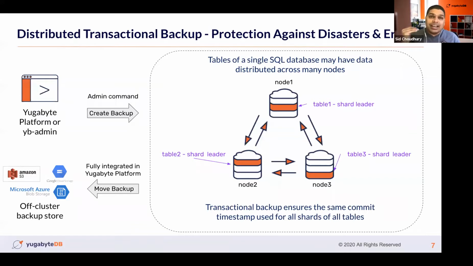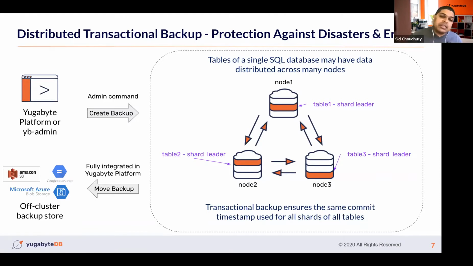So the database cluster's job, when it receives a create backup command, is to come up with a single timestamp that it can then use to take a snapshot across all shards and all tables that are present in this database. And that snapshot then leads to creation of essentially a metadata and a data file. But at this time, this is still an in-cluster backup.